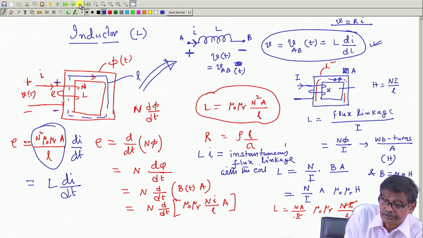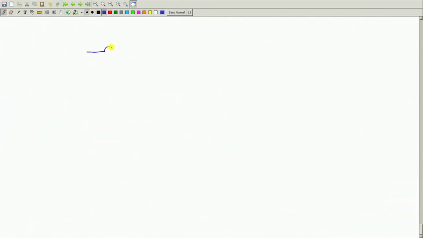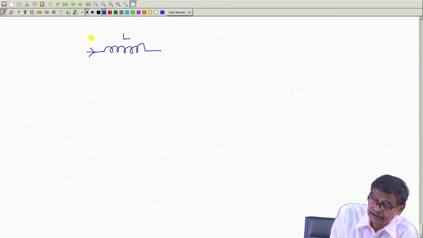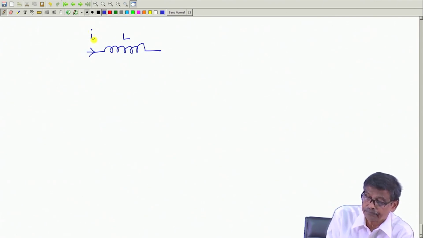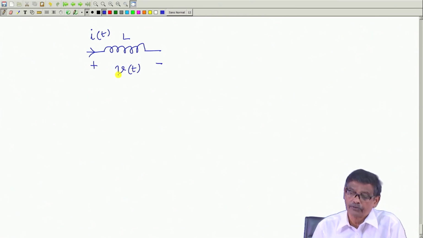So, let us try to see what I am trying to tell. Suppose you have an inductor L and you have chosen the current direction like this and this is the voltage, which may be a time varying voltage.